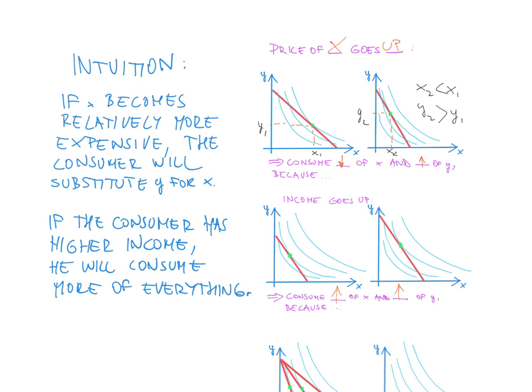So that's intuitive. With the income change, if the consumer has higher income, then he will consume more of everything. That was our intuitive explanation, but maybe it's not 100% intuitive. So by the end of this class, hopefully we'll be in a better position to talk intelligently about what might or might not happen with a price change like that, and why that intuition may or may not be right.